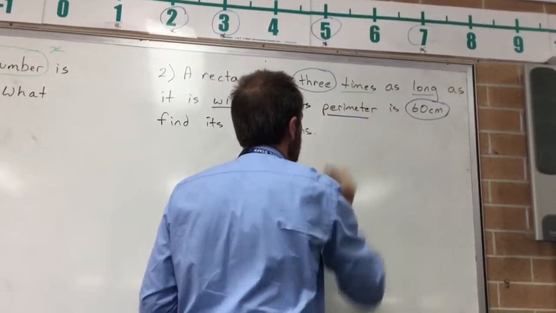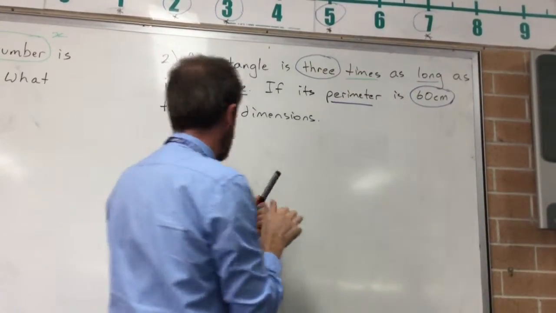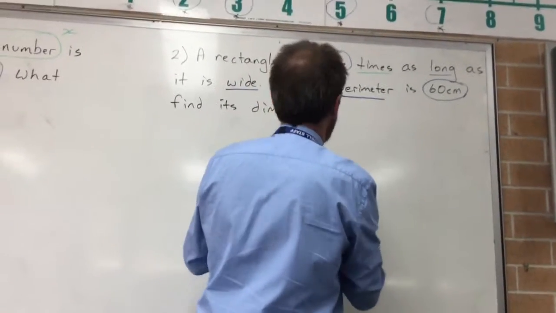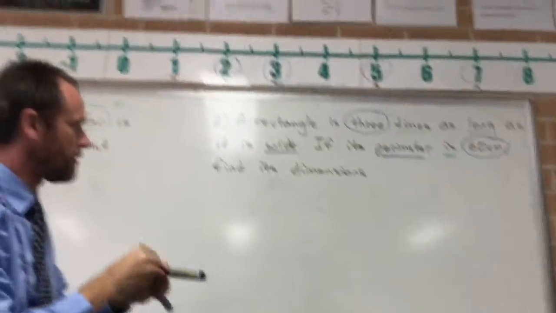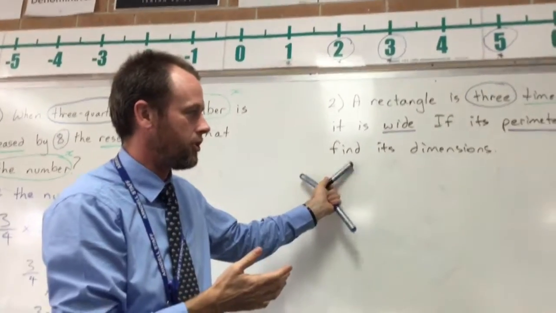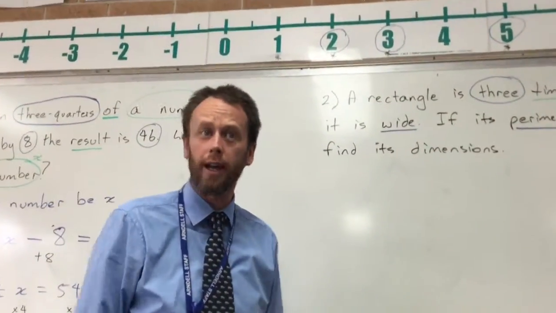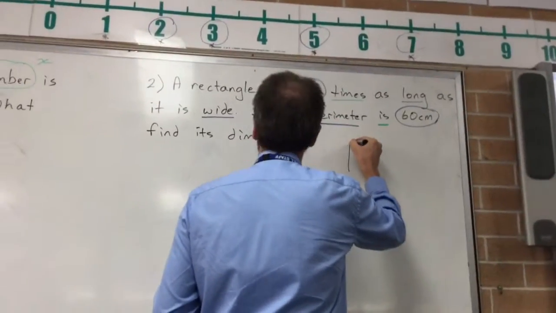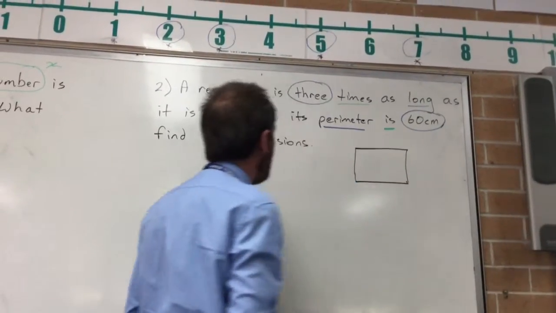Perimeter is 60. What I actually have here with this is an equals. So let's work out what information I've got. What have I got to find? Its dimensions. Sometimes I actually find it really helpful if I just draw a diagram. So let's draw a diagram for this question. I've got a rectangle. What information do I have?